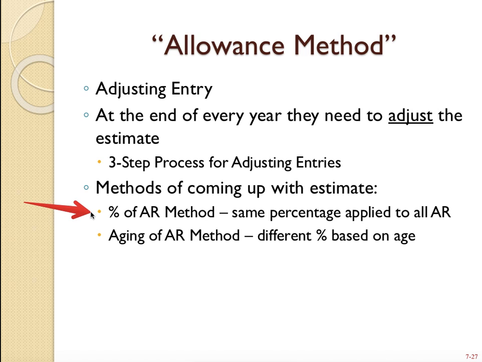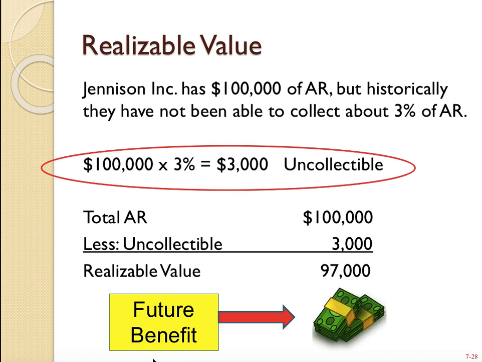One is the % of AR method, and that's where we apply the same percentage to all AR, and that's the estimate that I just showed you guys, right? So we said we think we'll be unable to collect 3% of AR, so we apply that 3% to the entire AR amount of $100,000.